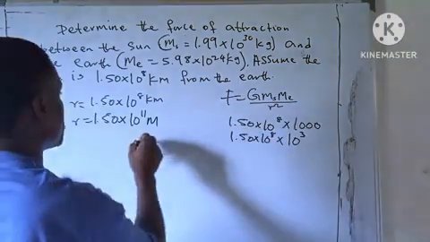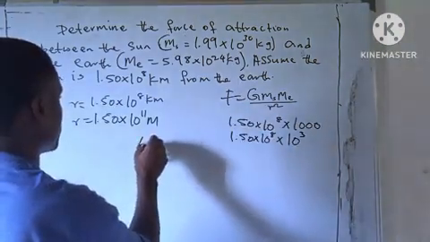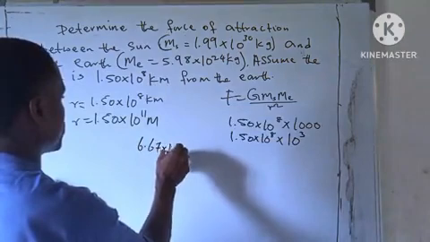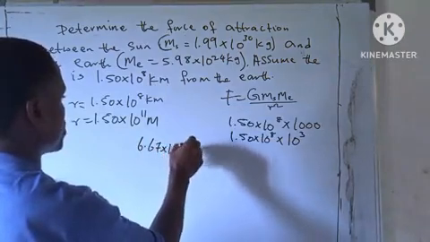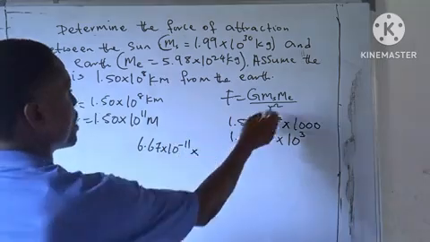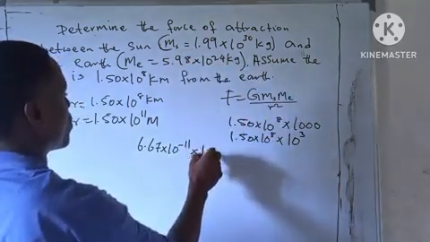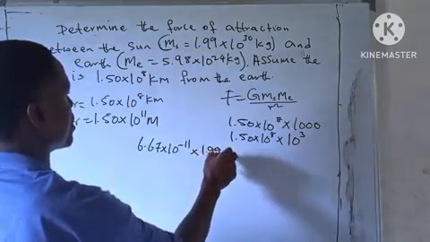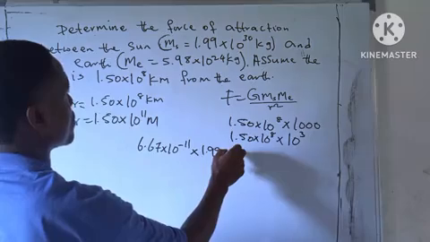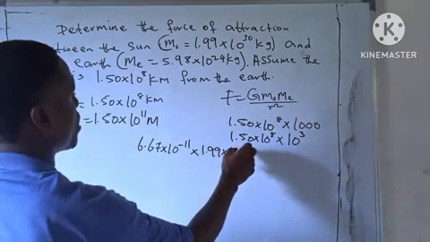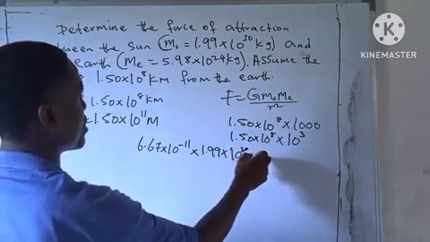So the value of G is 6.67 times 10 raised to power minus 11, right? Multiply by the mass of the sun, which is 1.99 times 10 raised to power 30.